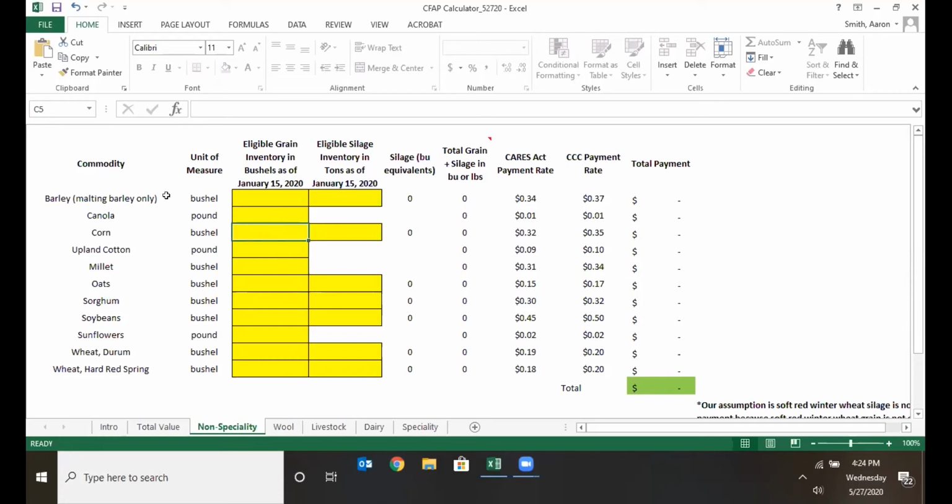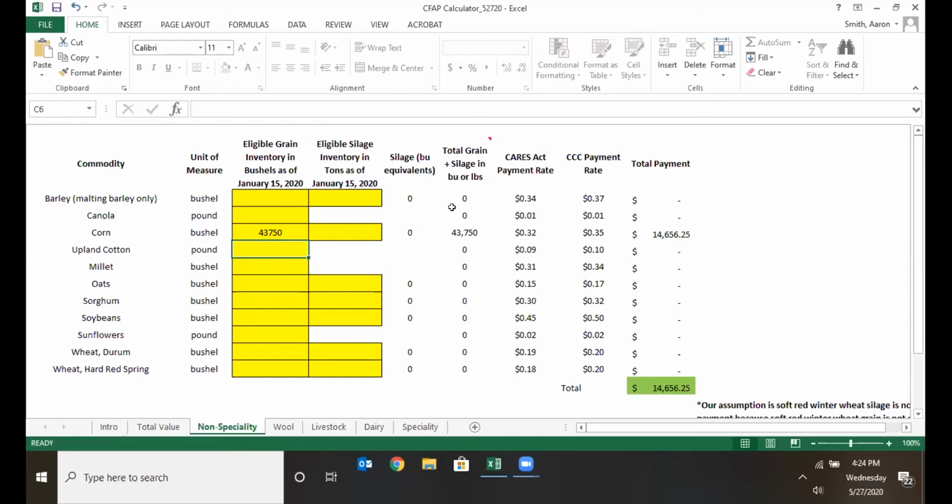For corn, for example, you can enter in bushels on hand. In my example, I've got 43,750 bushels of corn, and it'll calculate your total estimated payment for that inventory. Again, it's unpriced, and it has to be less than your total 2019 production.